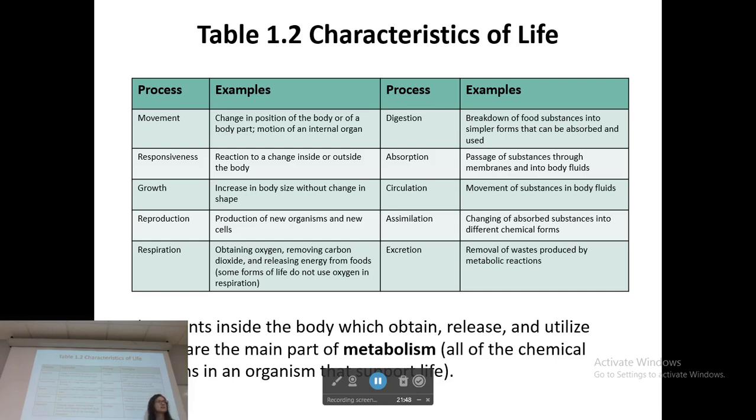A lot of times when we think of metabolism, we're just thinking about how fast we burn energy, or the foods that we're eating, how we process it. So we kind of think about that as our metabolism, but it really includes all of the chemical reactions that occur within the body. So you got that there.